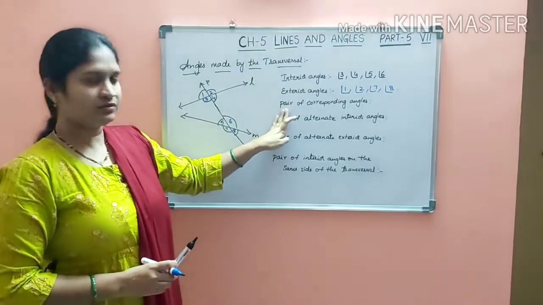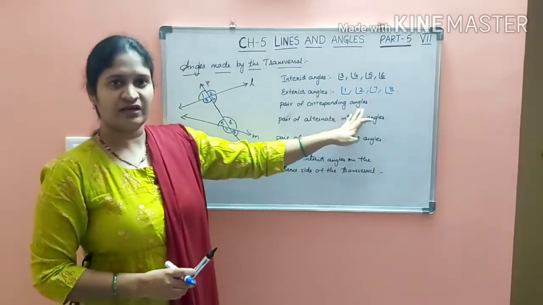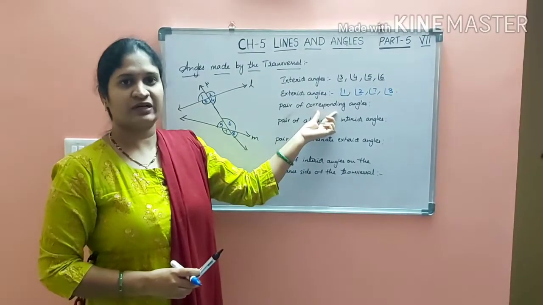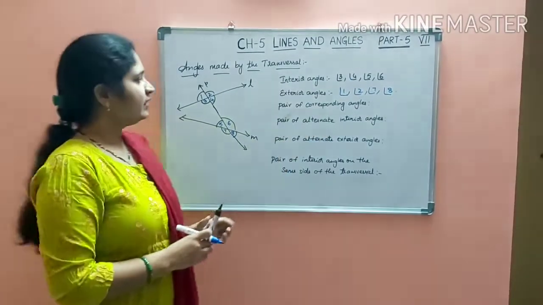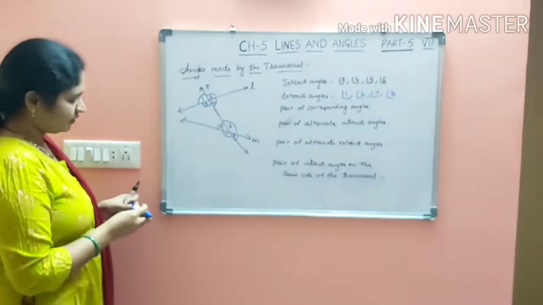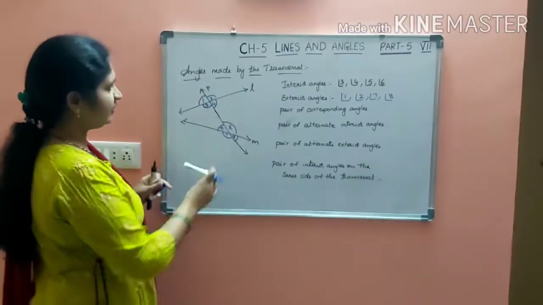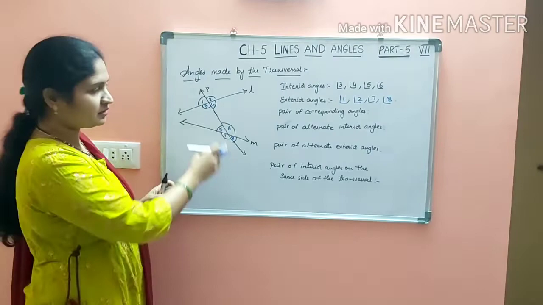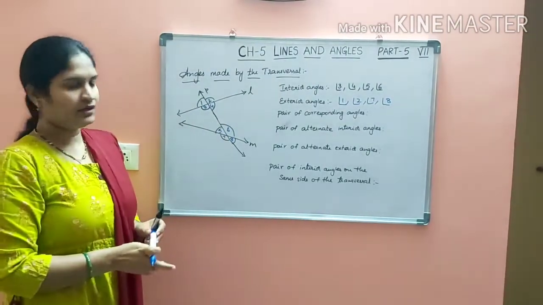Now coming to the next one, pair of corresponding angles. There is a new word for you, corresponding angles. Now children, let us see what are corresponding angles here. Here two lines L and M, as usual P is the transversal we have.